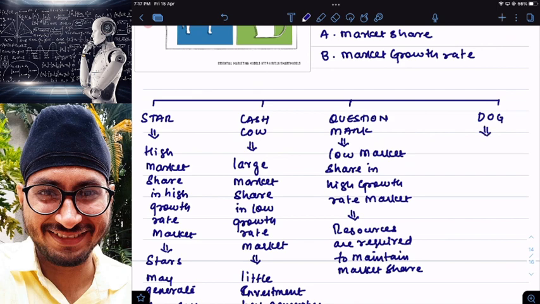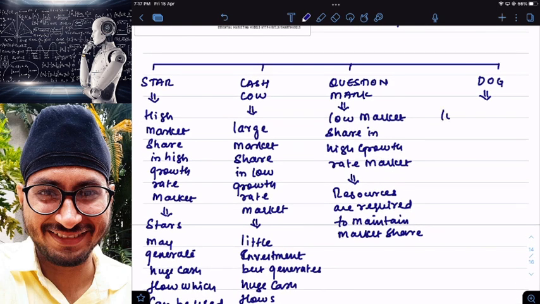Then we have dog. Dog is a business which has very low market share in a low growth rate market. I'm having a very low market share in a very low growth rate market.